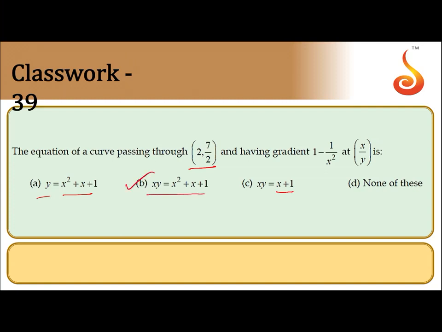So of course, this is the chance: xy is equal to x square plus x plus 1 will be satisfying the answer here. So the curve is passing through the point, it's satisfying it. And let me check the gradient, 1 minus 1 by x square.